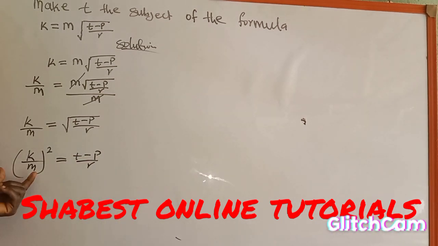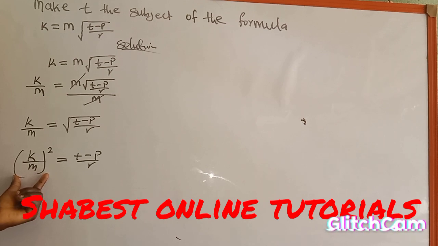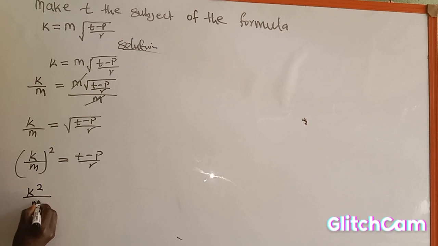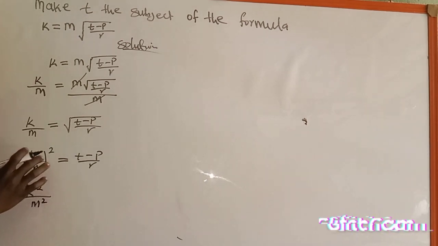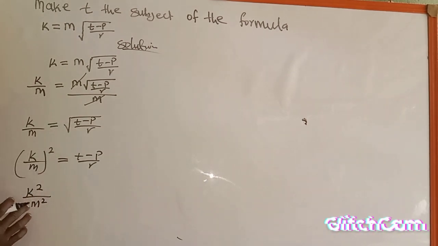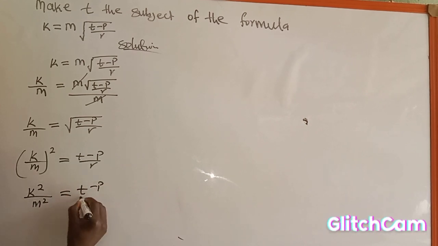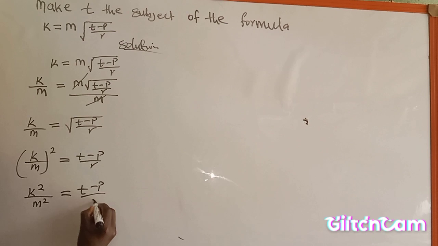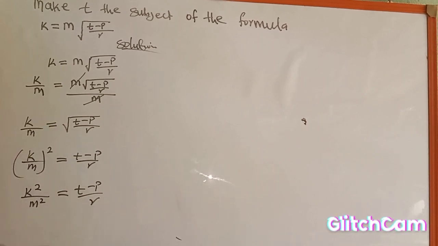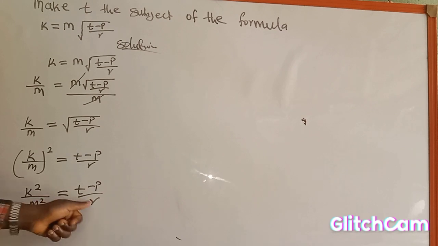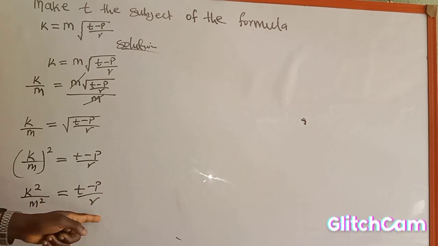From here now I can break this square to have k squared all over m squared. It's still the same as (k over m) all squared. So k squared over m squared will be equal to (t minus p) over r. From here now I can cross multiply, because there's an equality sign in between the left hand side and the right hand side.